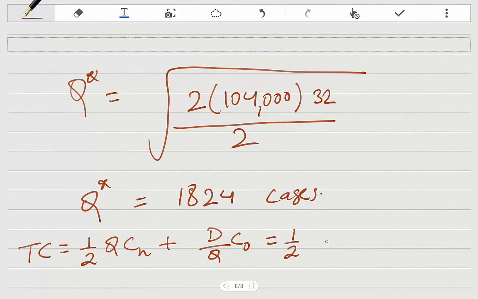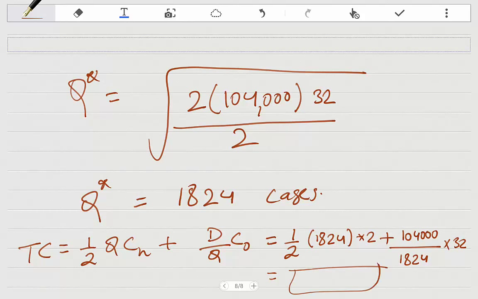Half, our Q in this case now is 1,824, our CH, our holding cost, is $2, plus our D was 104,000 divided by Q, 1,824, times our cost of ordering, $32. I'll bet this number will be smaller than the two values we have seen before. In fact, I'm claiming this value you will get will be the smallest possible with any combination, any choice of Q.